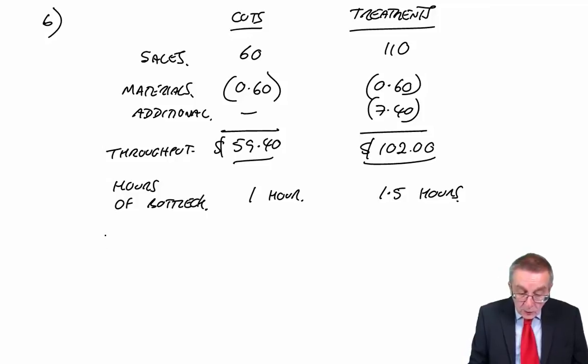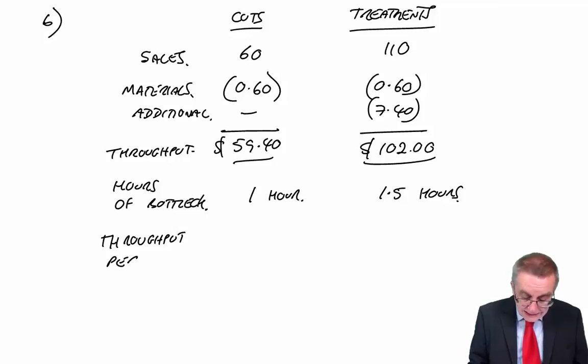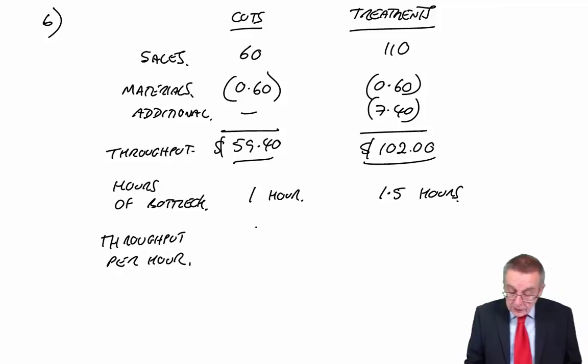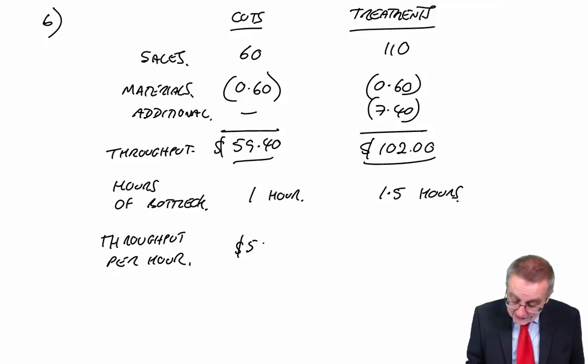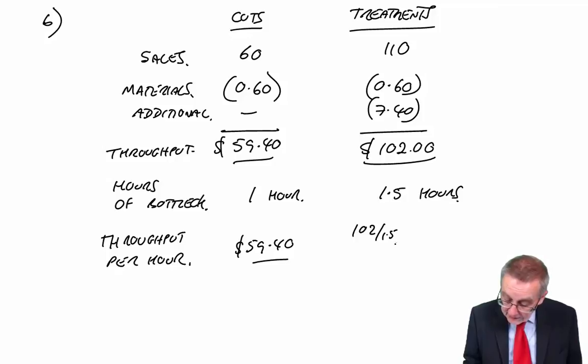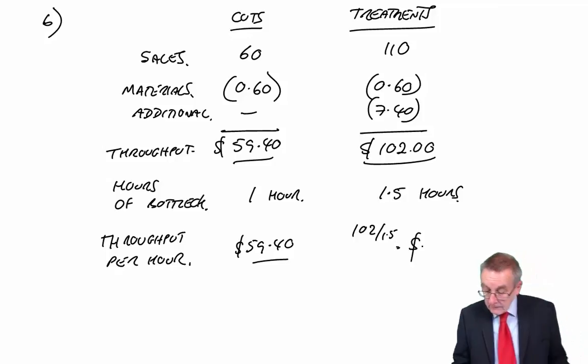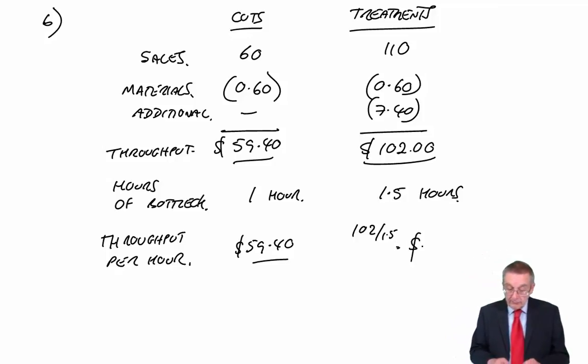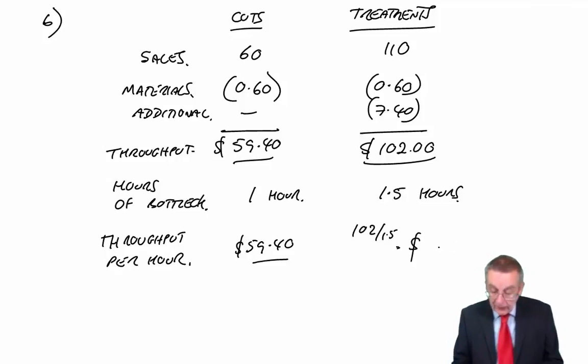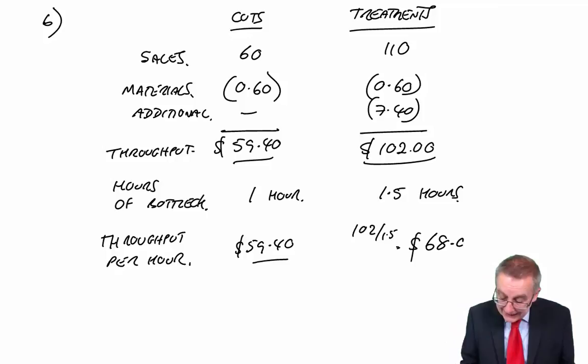And therefore, the throughput per hour: $59.40 over 1 is $59.40. 102 over 1.5 is 68.